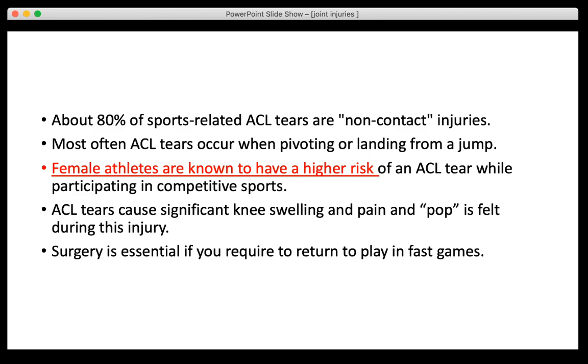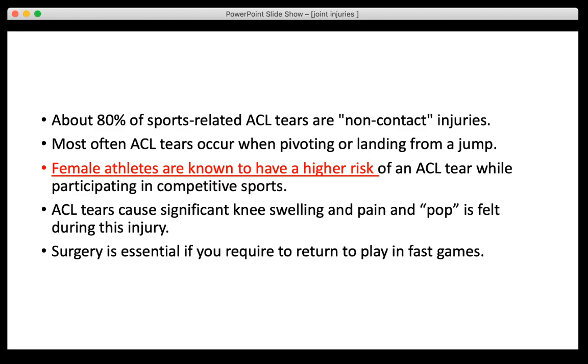So that is one of the reasons biomechanically, because due to weight they apply more stress on the knee, but it is not certain. These are some of the justifications they have given for why females are more affected. But the fact is, female athletes are at higher risk of ACL injury if they play games like soccer, football, hockey. And its symptoms are knee swelling, a lot of pain, and when it happens, you hear a sound like a pop.